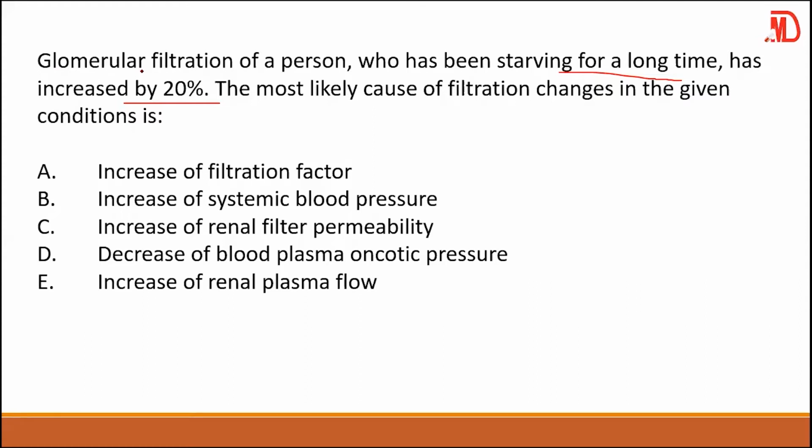And I know a lot of Christians and Muslims love to fast. Those who like fasting, now they are saying that the glomerular filtration rate has increased by 20%. That means the person is urinating more, isn't it? Now, the most likely cause of filtration changes in the given condition is what?